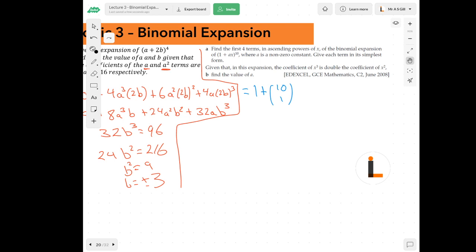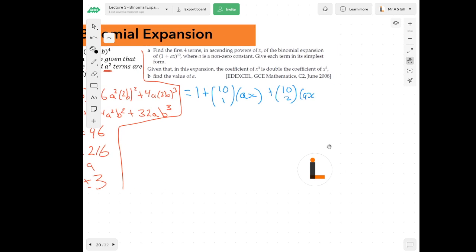So I'm just going to do the choose function and the ax. So 10 choose 1, ax, plus 10 choose 2, ax squared, plus 10 choose 3, ax cubed. We've got our first 4 terms.